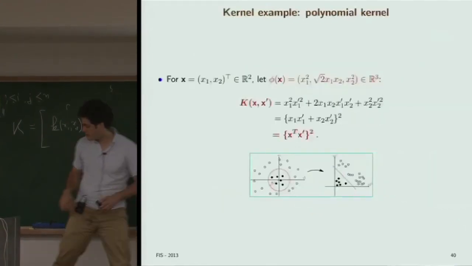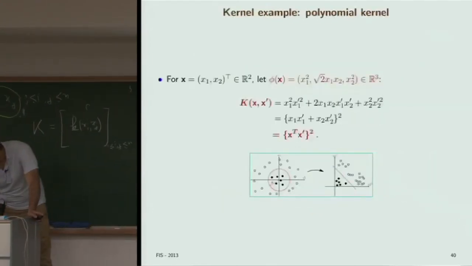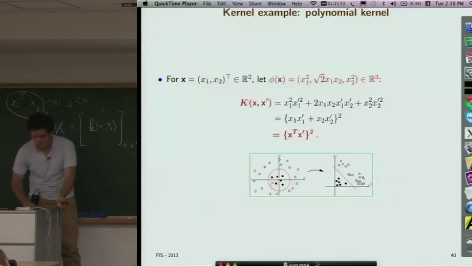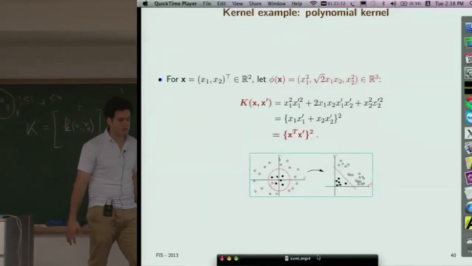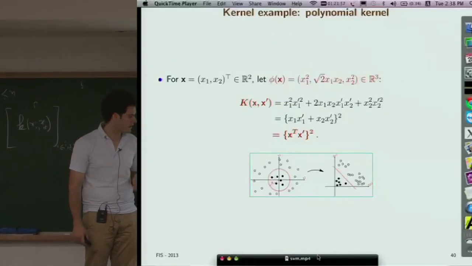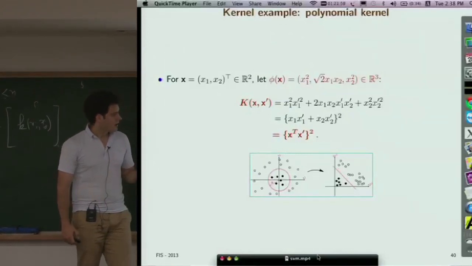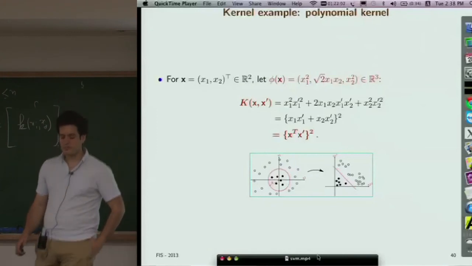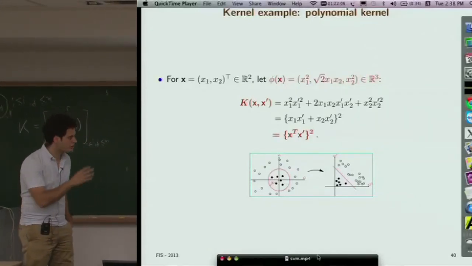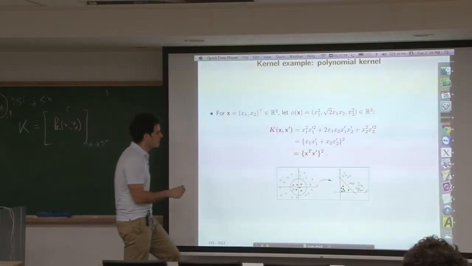Let me just first show you briefly why this can be interesting to do nonlinear classification. Here in this case I will give you the feature vector explicitly, but I will never use it, just so that you can see.